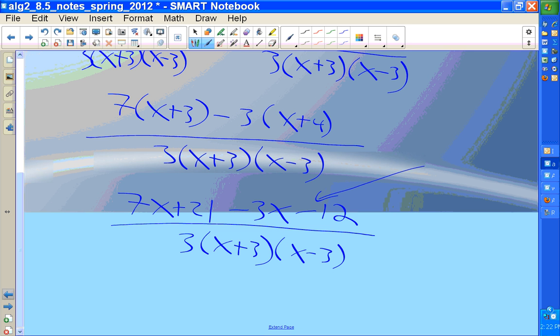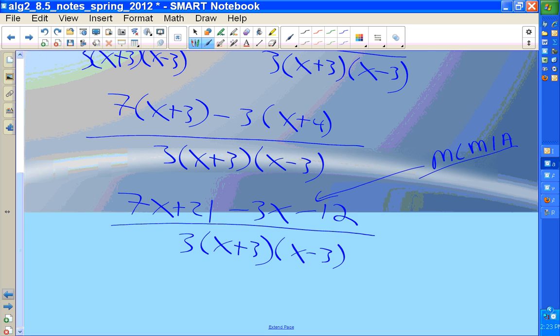Right here, what have I called that over and over this year? The most commonly made mistake in algebra. Failure to distribute correctly, and in particular, failure to distribute this negative for the second term of your binomial is so common and so easily missed that I've dubbed it the most commonly made mistake.